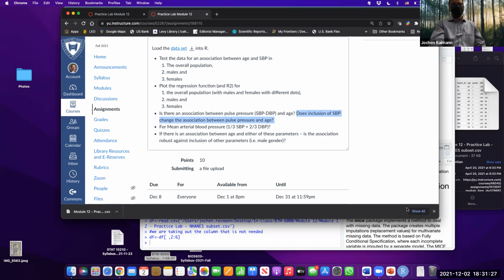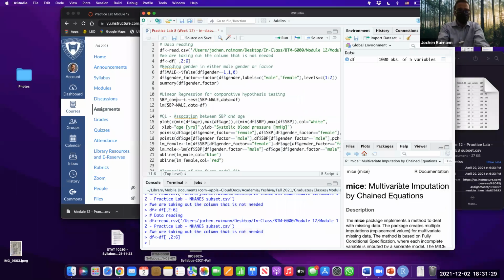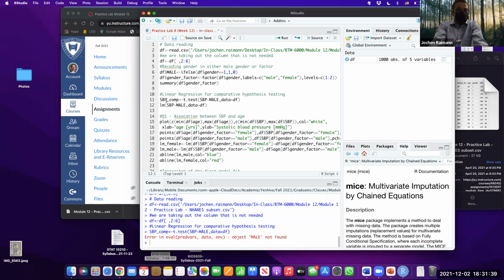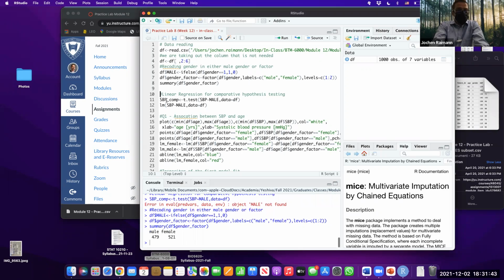So essentially, we want to see whether there's an association between males and females. Firstly, we're going to compare systolic blood pressure, and this is just done with a t-test. So we're building up now our subsets, male and female.